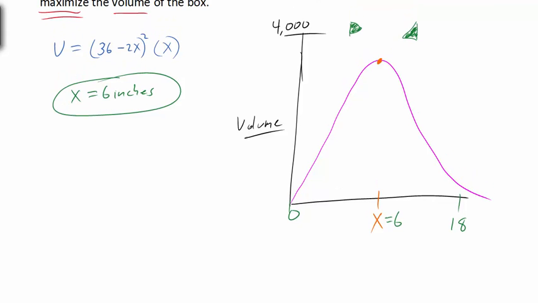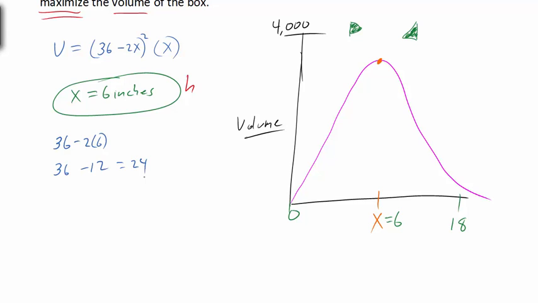Now, what are the other dimensions? Well, this is the height of the box. If we plug 6 in here, we would get 36 minus 2 times 6. So that means we would have 36 minus 12, and 36 minus 12, we're going to end up with 24.